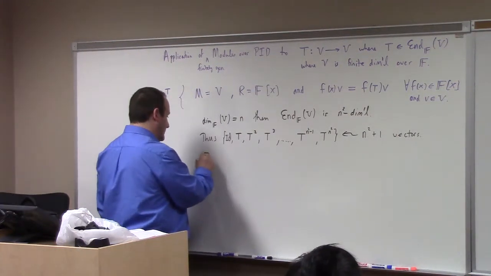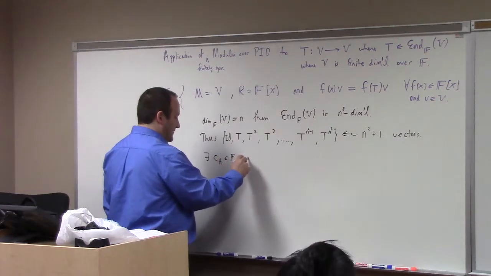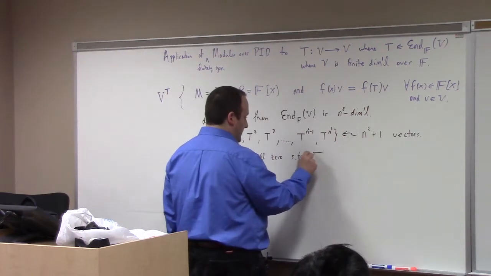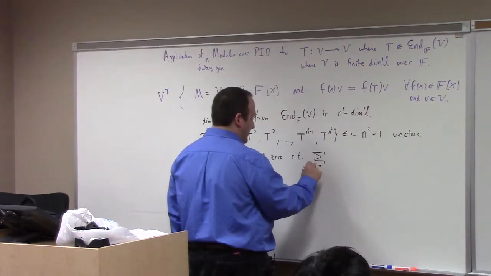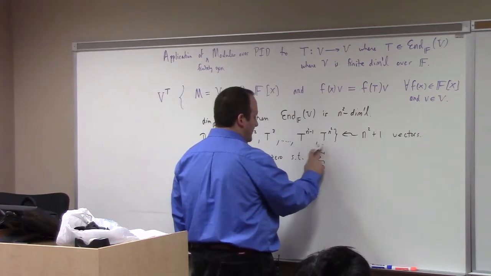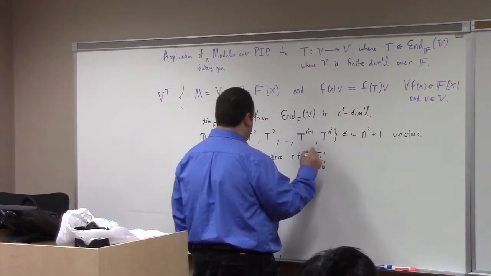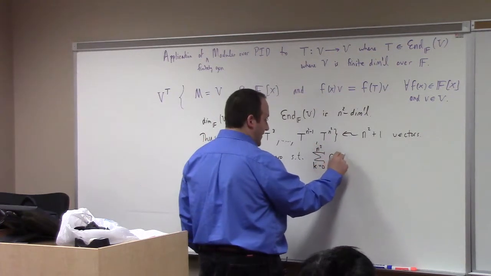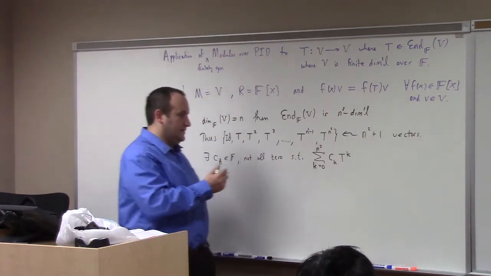There has to exist c sub k in F, not all 0, such that the sum, k equals 0 to n squared, of c sub k times T to the power k, with the understanding that T to the 0 is the identity, is equal to 0, right?